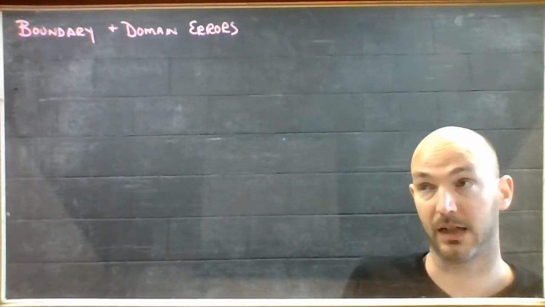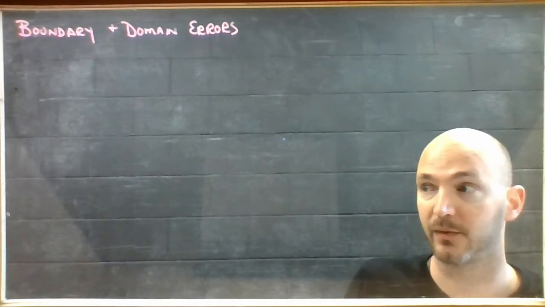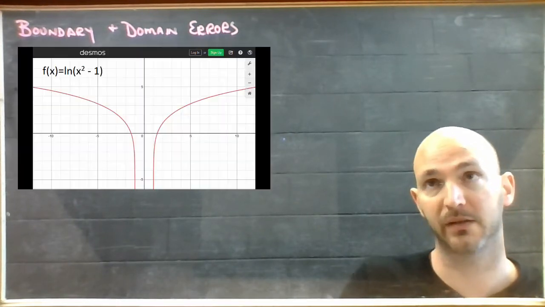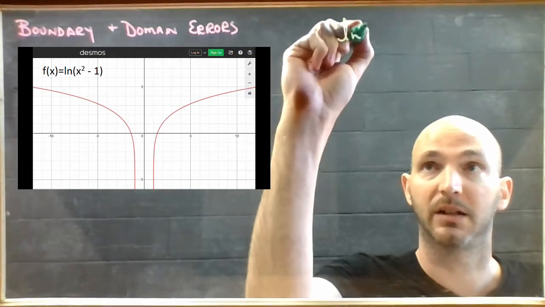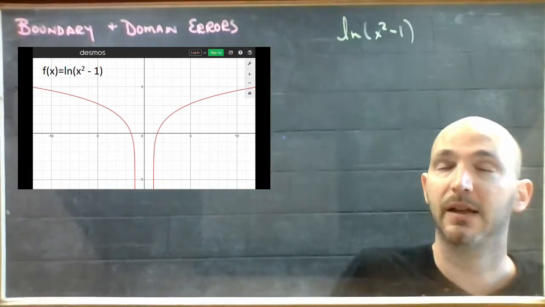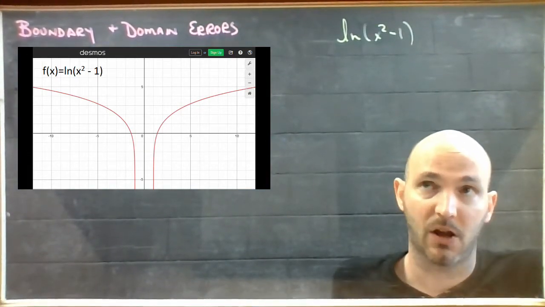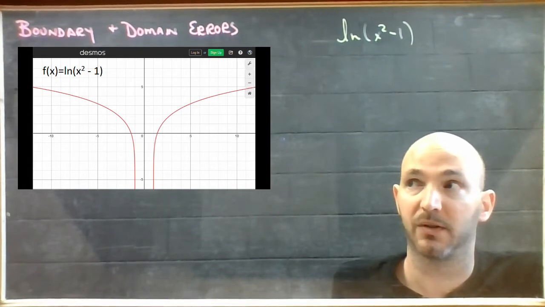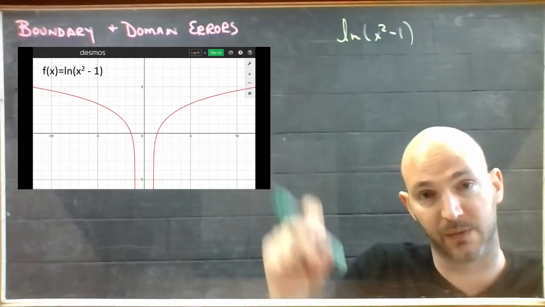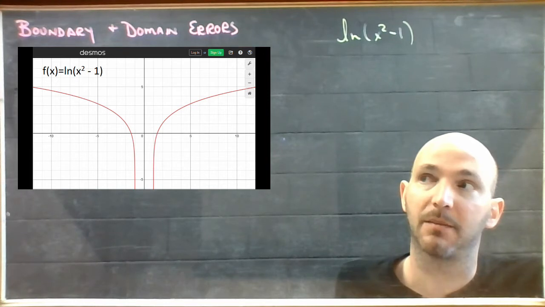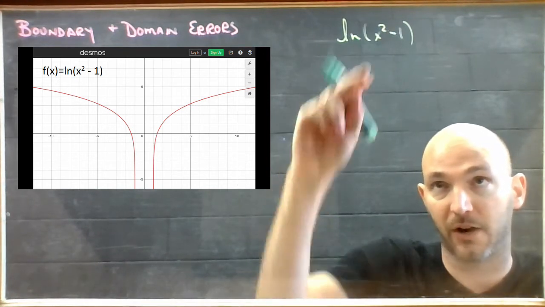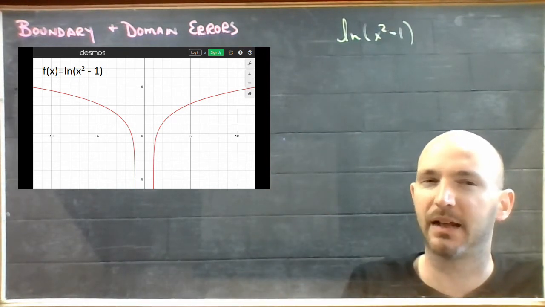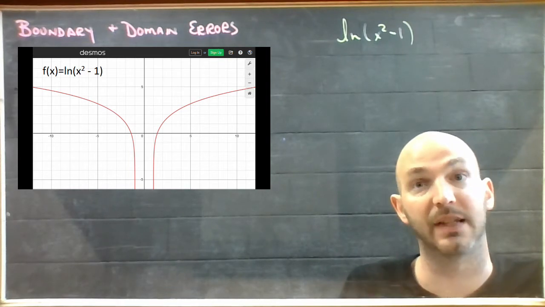Alright, so last but not least, we have ln of x squared minus 1. Let me write that down up here. Ln of x squared minus 1. Now, logs, or logarithms, be they normal logarithms or the natural logarithm, which this one happens to be, end up having boundary errors when the argument is 0, and domain errors for when the argument is less than 0.